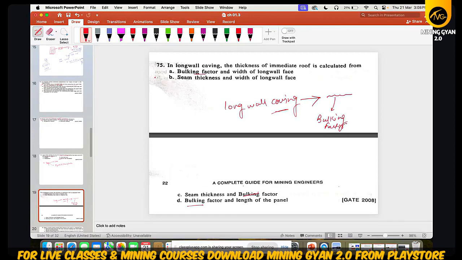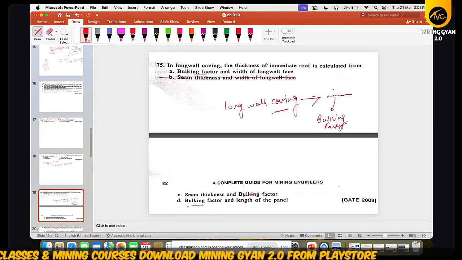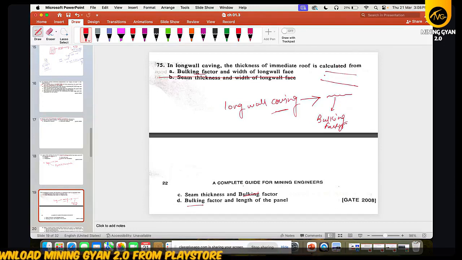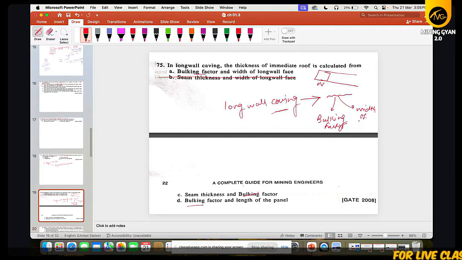So we will eliminate the second option, and also the width. If this is our longwall face, then the width of the longwall. So only one option.